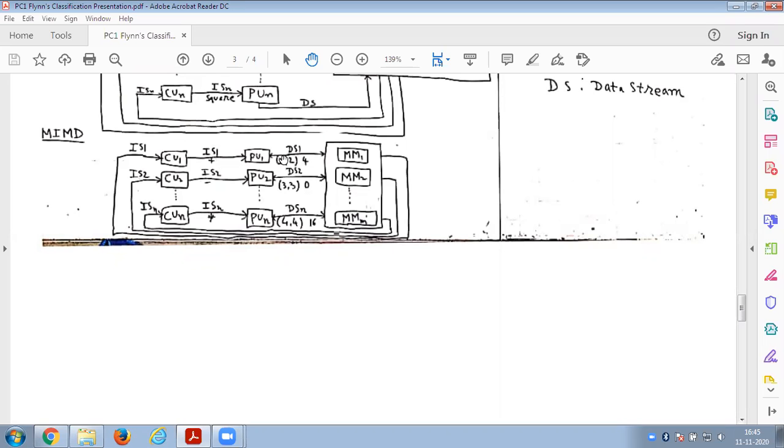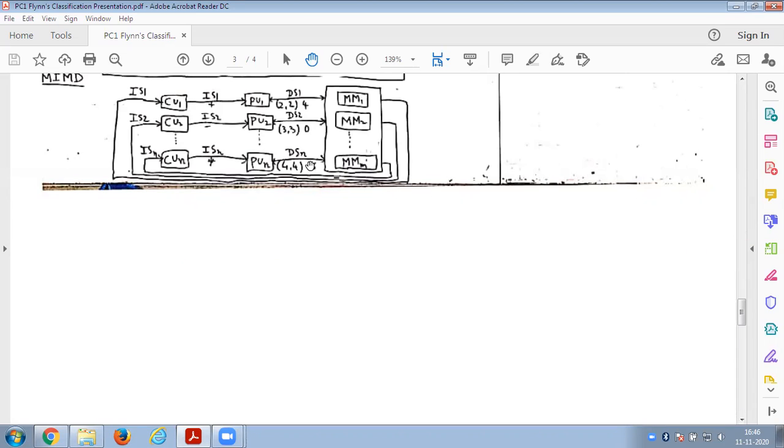So 2 plus 2, 4 will be written back by processing unit 1. Then 3, 3 data is taken by processing unit 2, and control unit 2 is giving minus, so 3 minus 3 is equal to 0 will be written in memory. Similarly, PUN is taking 4, 4 from memory, and from here multiplication is coming as the instruction, and therefore 16 will be written.